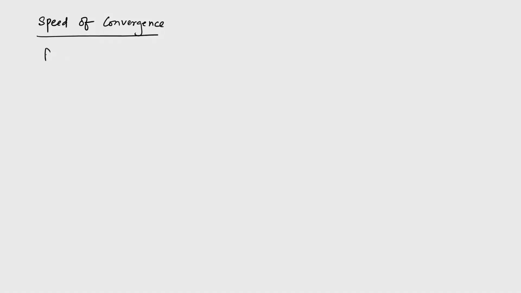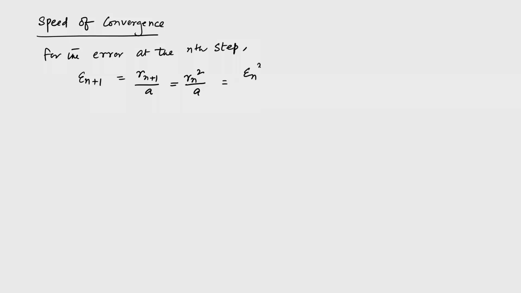So, for the error at the nth step, epsilon n plus 1 equal to R n plus 1 by A, which is nothing but Rn square by A, which is equal to epsilon n square A square by A. So, that is the convergence, that is epsilon, the error at the n plus 1th level varies as a square of the error at the nth level.